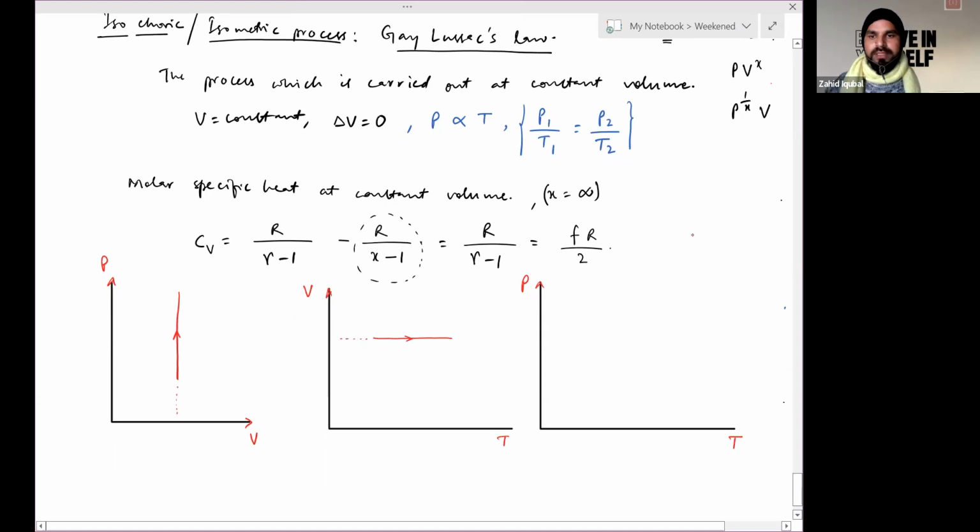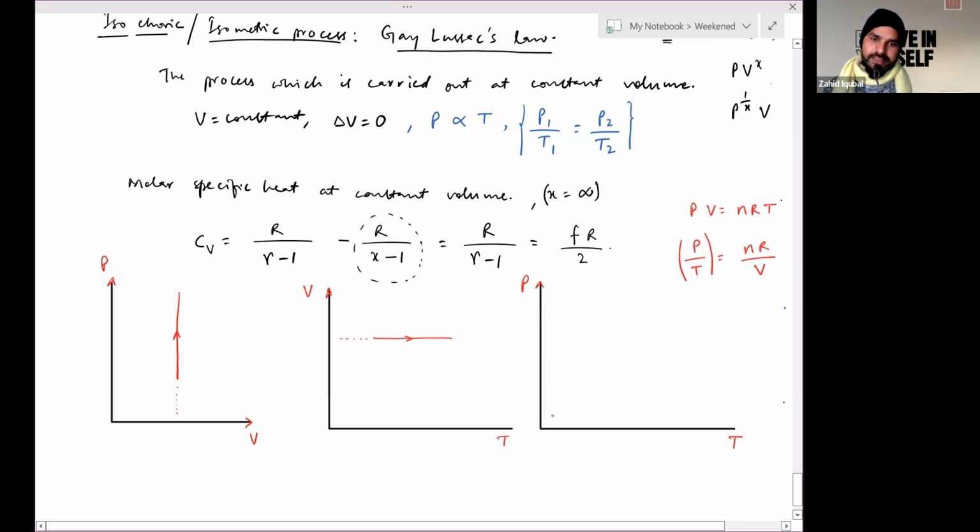And for the third curve, using ideal gas equation, we can write PV is equals to nRT. Since this curve is between pressure versus temperature, move temperature to the left side and volume to the right side, so you'll get this expression. This quantity will be perpendicular by base, which will define slope of this particular curve.